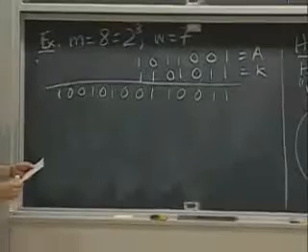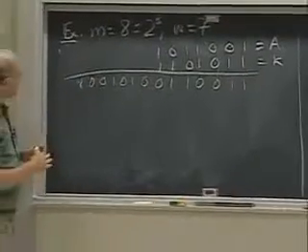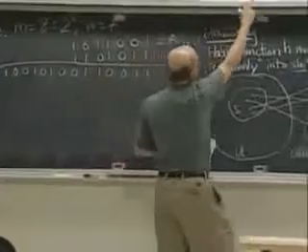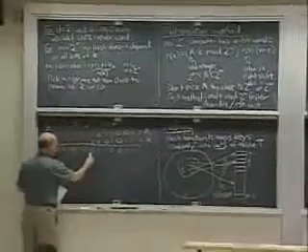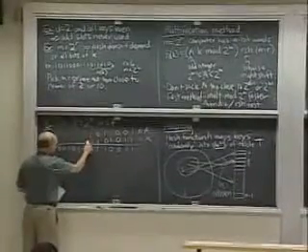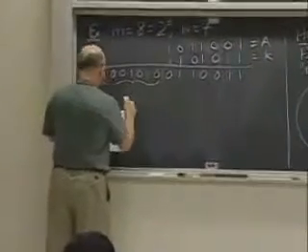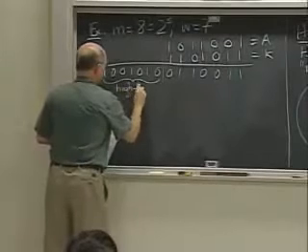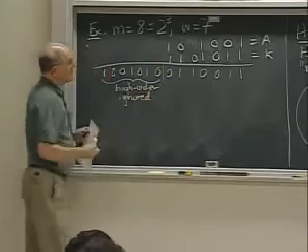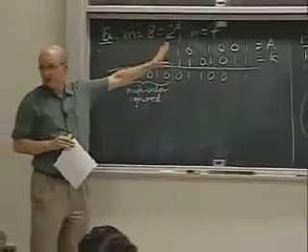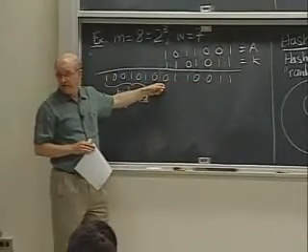Okay? So that's the product part, okay? And then we take it mod 2 to the W. Well, what mod 2 to the W says is that I'm just ignoring the high order bits of this product. So all of these are ignored. Because remember that if I take something mod a power of 2, that's just the low order bits. So I just get these low order bits as being the mod.